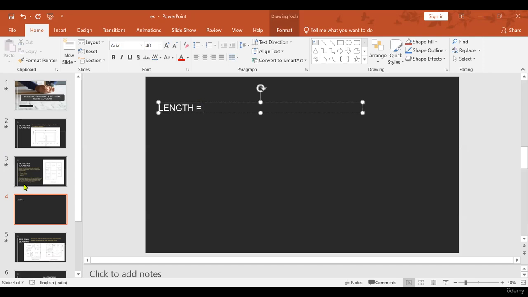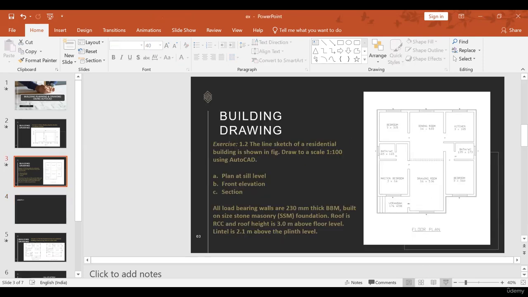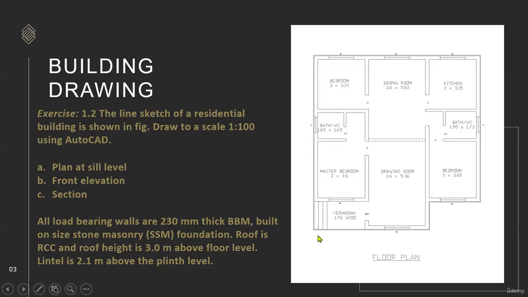Length equal to, what is the length here? How to calculate that one? We'll just calculate this length, this width, this length, and this width. Okay, so what is the length? So 1.76 meter from this point.